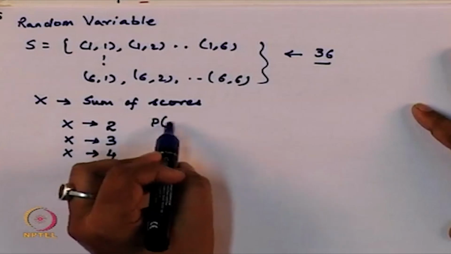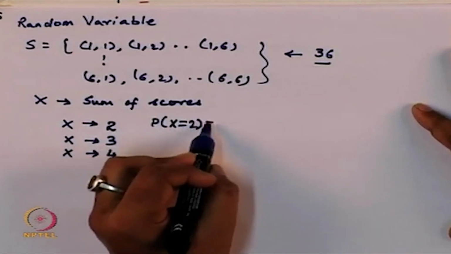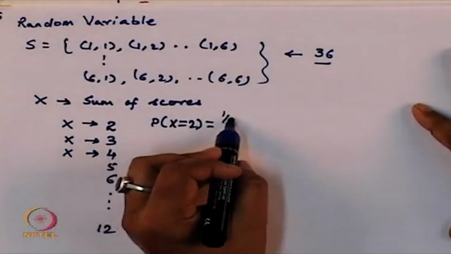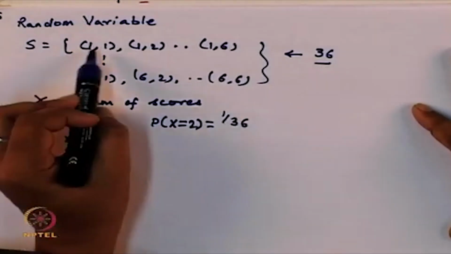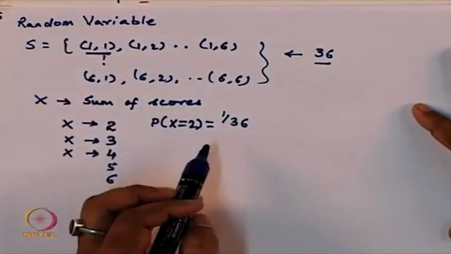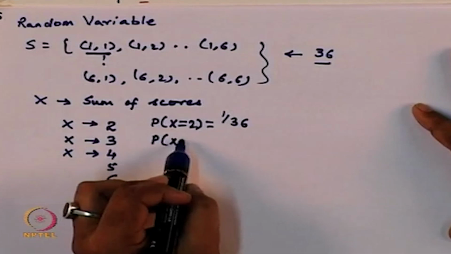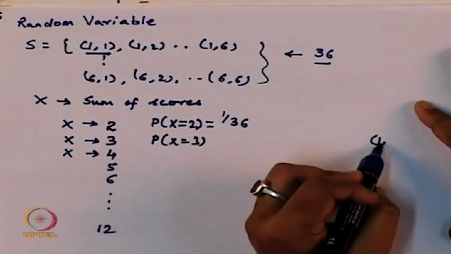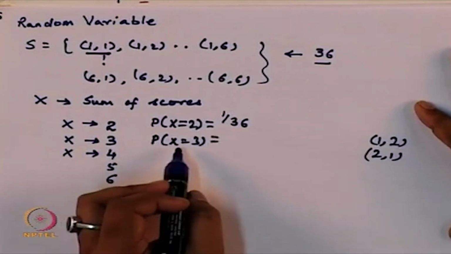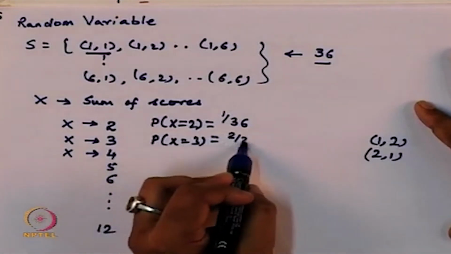So, I can actually compute the probability of each of these events. Probability of x equal to 2 is nothing but 1 by 36, because you have only this particular combination which gives you a value of 2. What is the probability of x equal to 3? Either I have 1 2 or 2 1. Probability of x equal to 3 is 2 by 36.